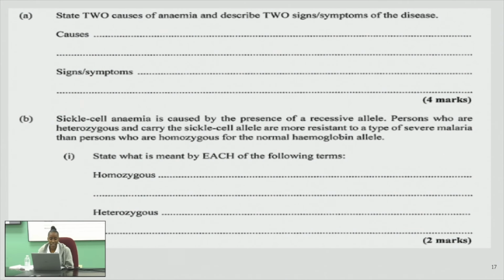All right, so the next part, B, says sickle cell anemia is caused by the presence of a recessive allele. Persons who are heterozygous and carry the sickle cell allele are more resistant to a type of severe anemia than persons who are homozygous for the normal hemoglobin allele. Now, it asks us to state what is meant by each of the following terms: homozygous and heterozygous.